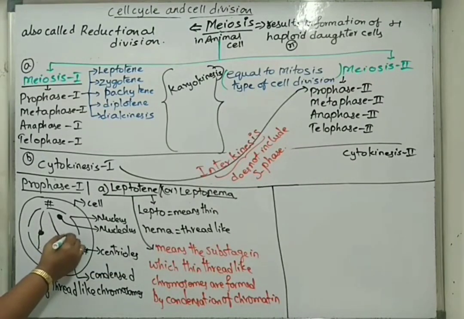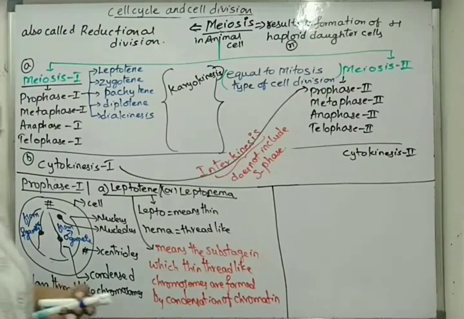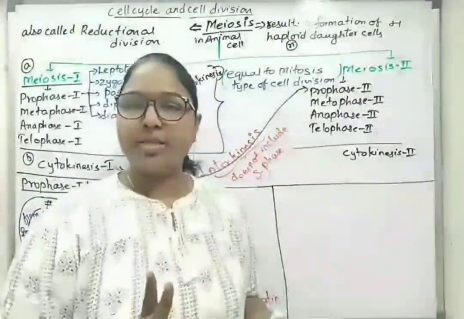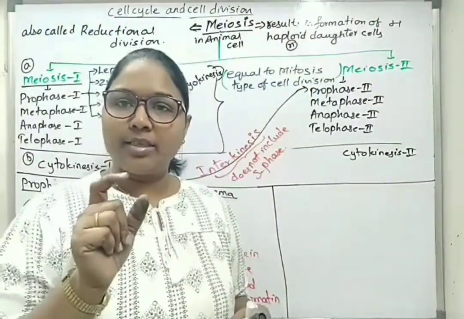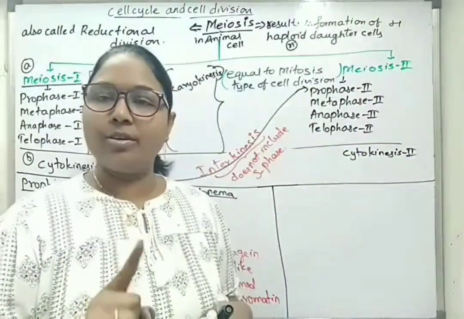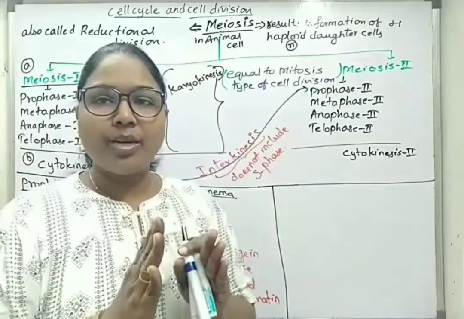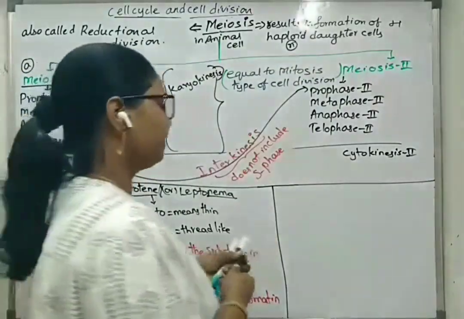So this is leptotene or leptonema stage. Here this is from male gamete, and this long chromatin will be from female gamete. When two such male and female gametes are releasing chromosomes into one single cell, then such chromosomes which have come nearby are called homologous chromosomes.